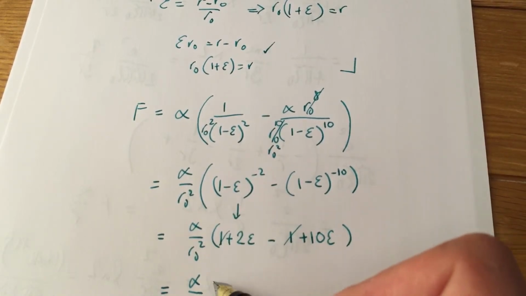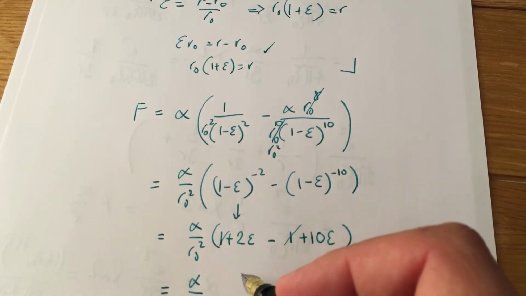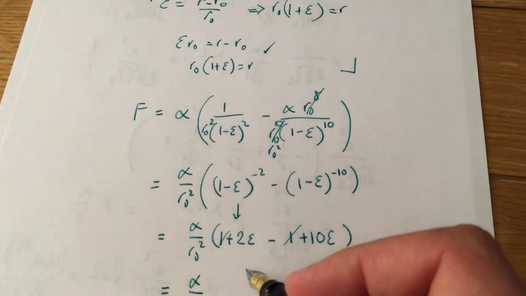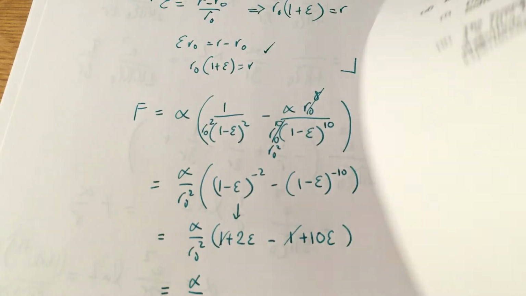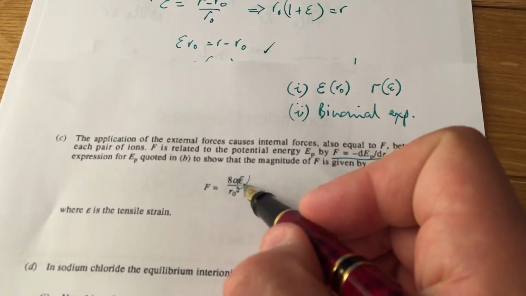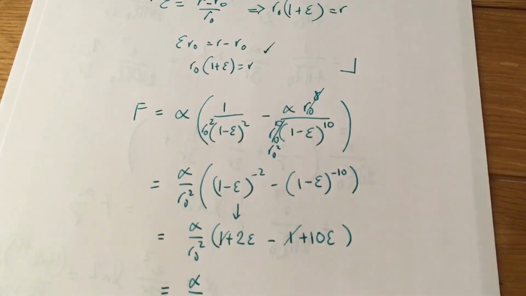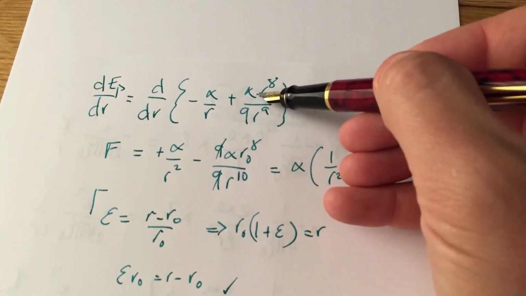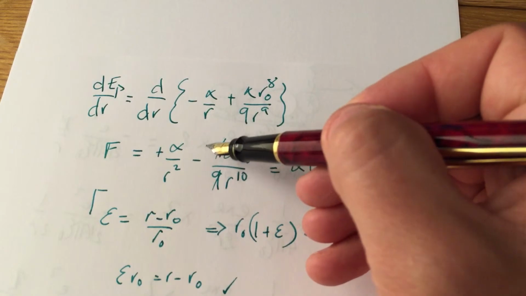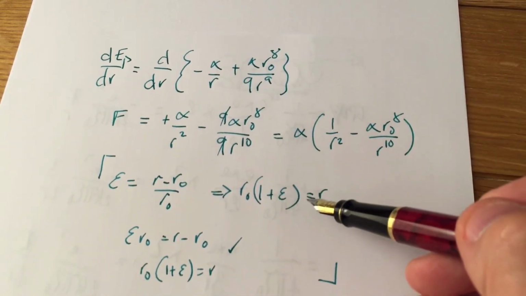So it should be giving me an 8 at the front there, which is wherever I drop the sign, because we're looking for, going back to the equation, 8 alpha eta over r naught squared. So let me just take a quick look. Alpha there, so that brings a minus into there. That is definitely a positive.